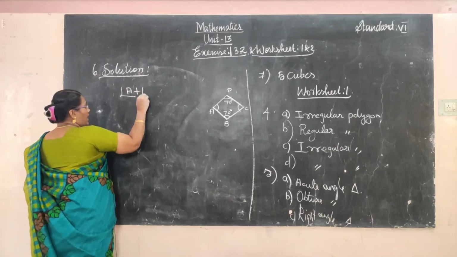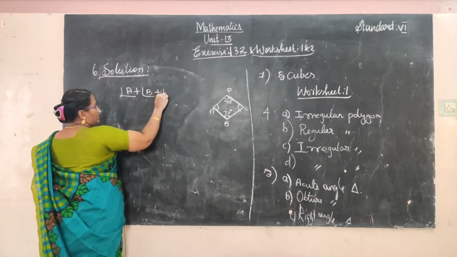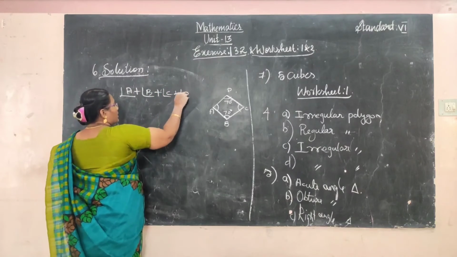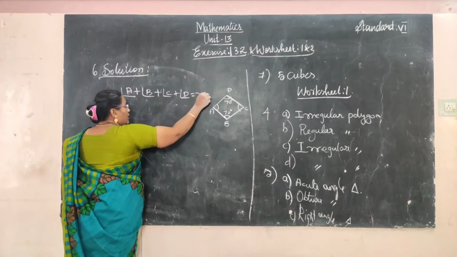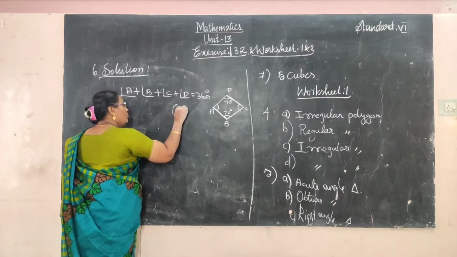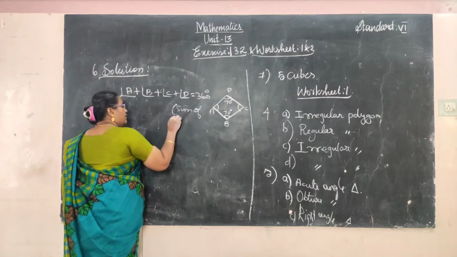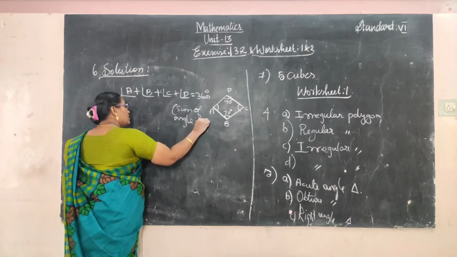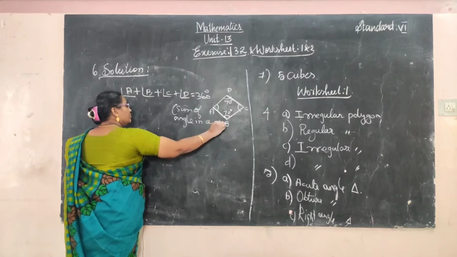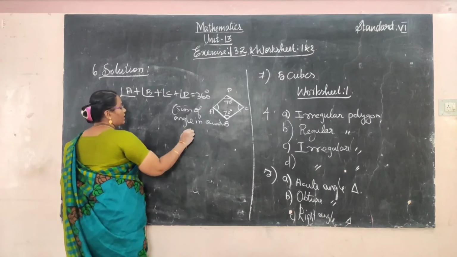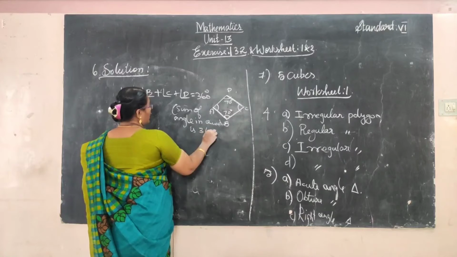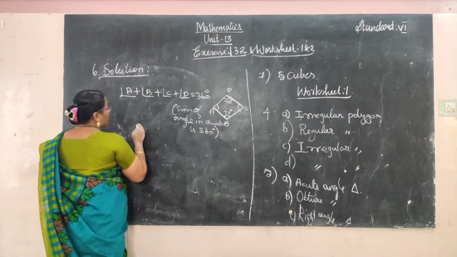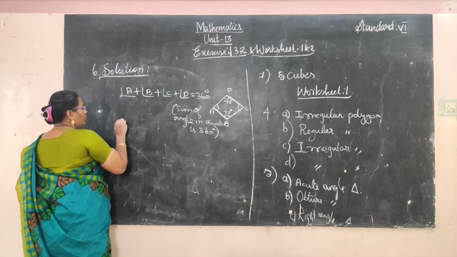So angle A plus angle B plus angle C plus angle D is equal to 360 degrees. Within brackets, the sum of angles in a quadrilateral is 360 degrees.